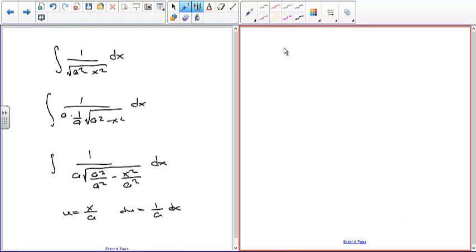So with that substitution, we can write this, and I'm going to factor the 1 over a outside the integral. So what I'll end up with is 1 divided by the square root of 1 minus u squared times du divided by a.